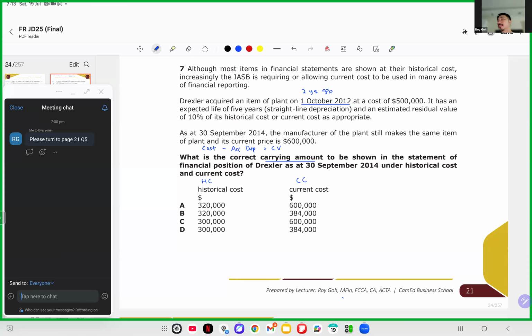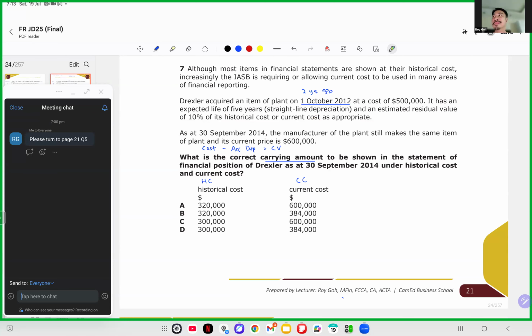Accumulated depreciation must be 2 years. Residual value is 10% of the historical cost or the current cost.